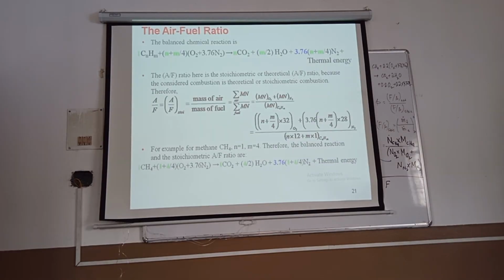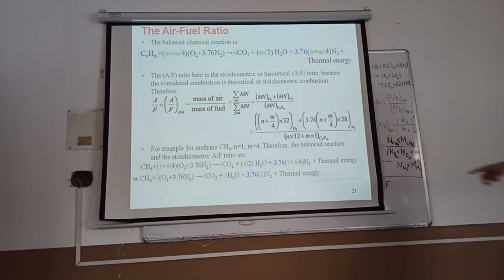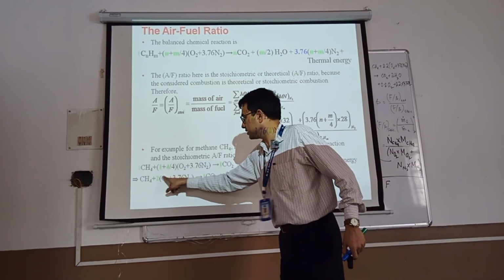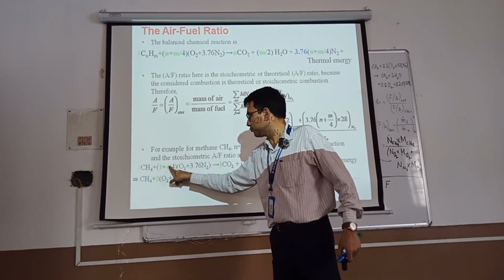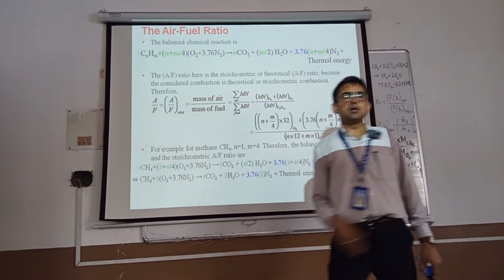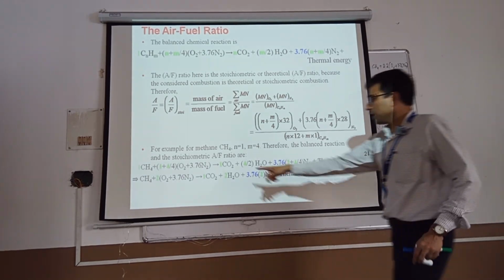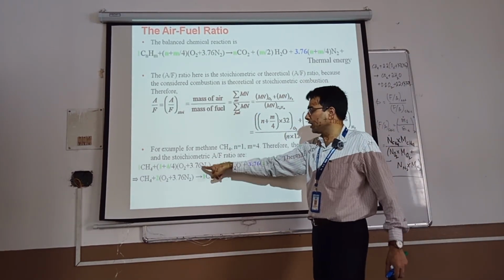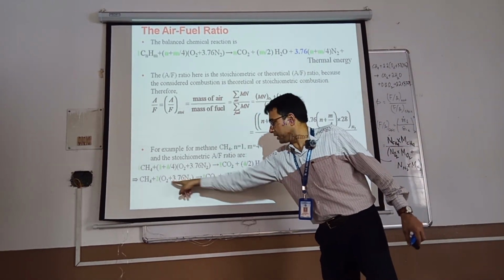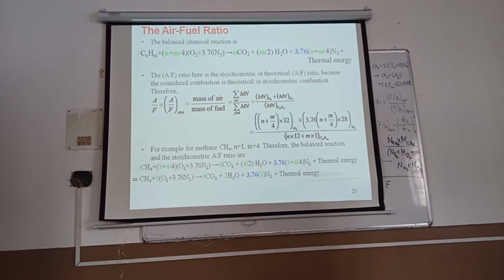So we can rewrite the chemical reaction for methane, and that is the total reaction after rearranging, that means after re-evaluating, 4 by 4 is equal to 1. So I have just recalculated this. Here I have written exactly by replacing m and n. After that I have calculated again and then rewritten. Clear?